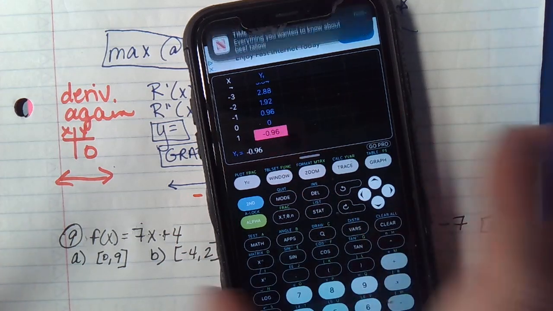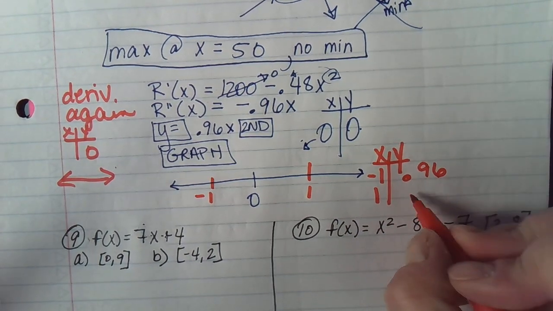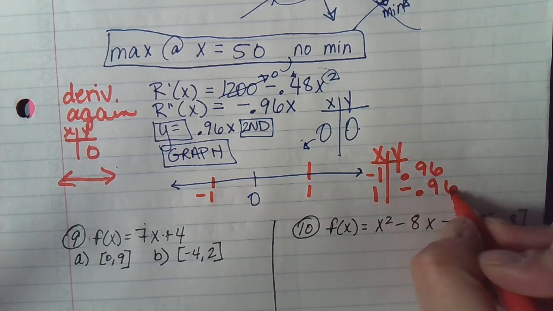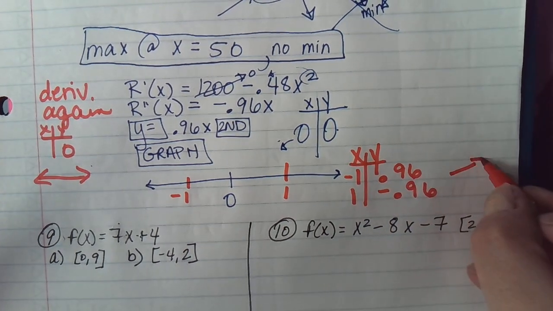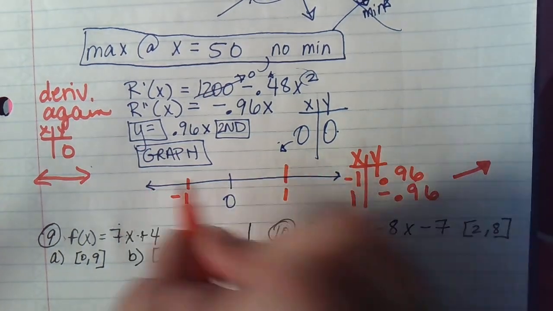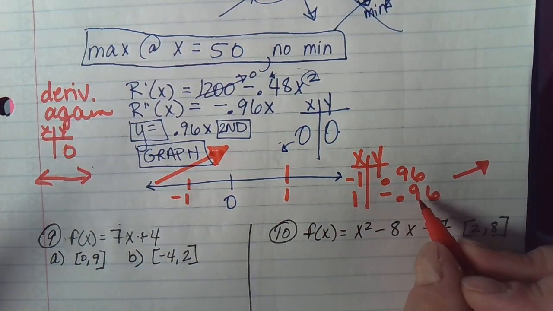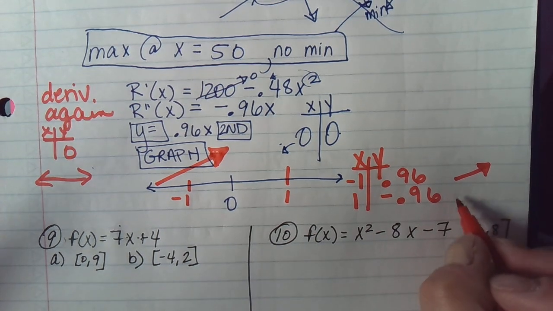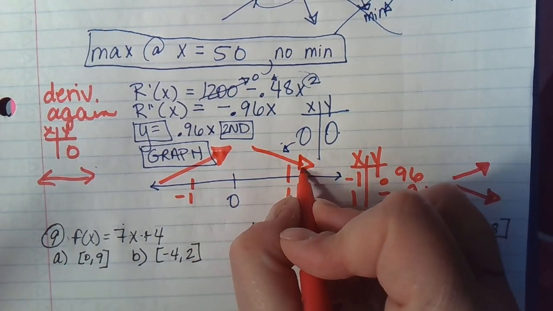Negative 1 has 0.96. 1 has negative 0.96. So that 0.96 is positive, so we're going to draw an up arrow on top of the negative 1. That negative 0.96 is negative, so we're going to draw a down arrow on top of the 1.